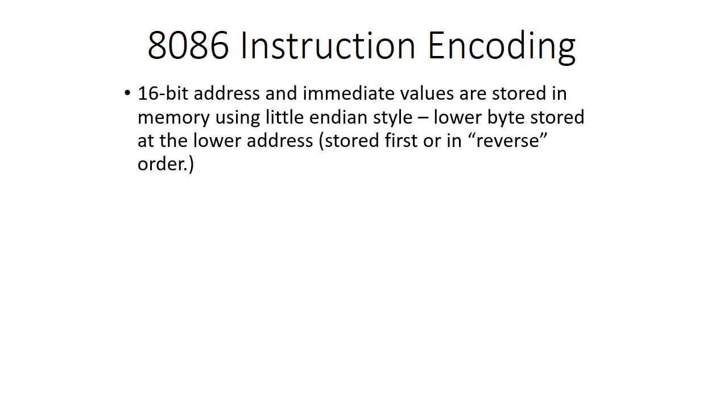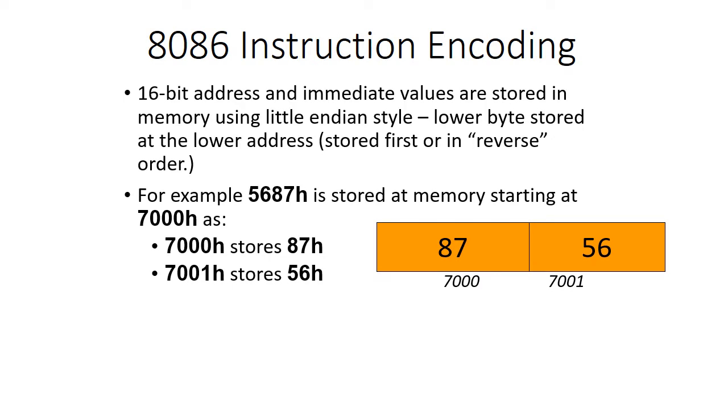In other words, the value is stored starting with the lower byte, or is stored in reverse order. For example, if the value 5687H is to be stored in memory starting at address 7000H, then it will be stored as follows. 87H is stored in memory address 7000H, 56H is stored in memory address 7001H.